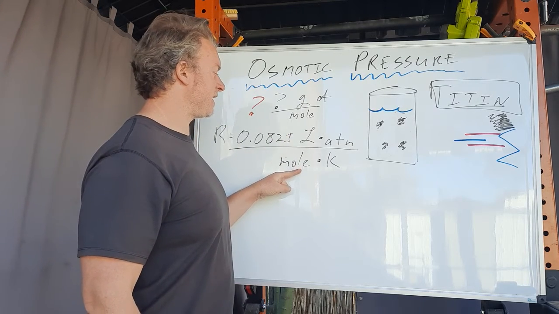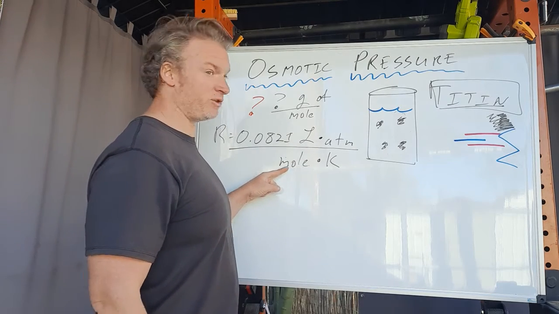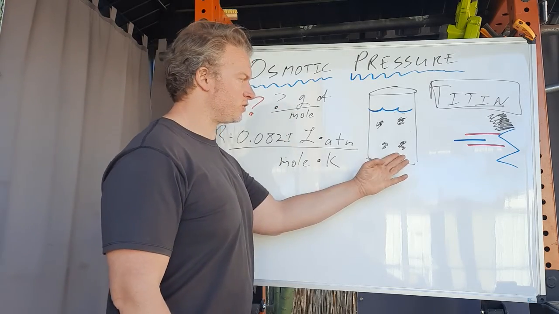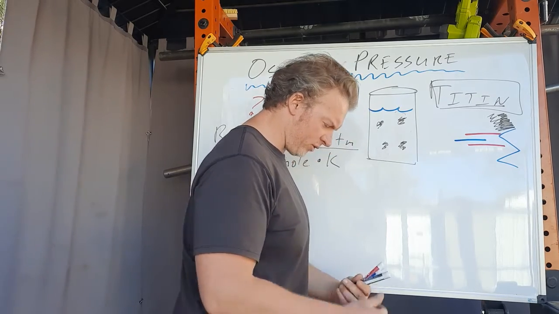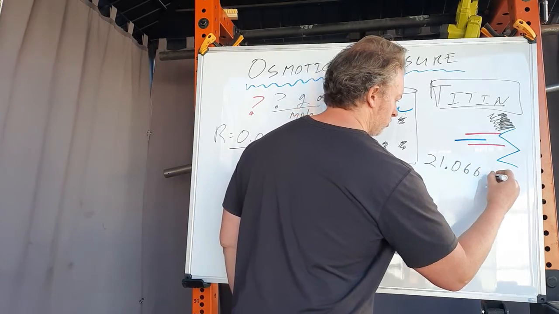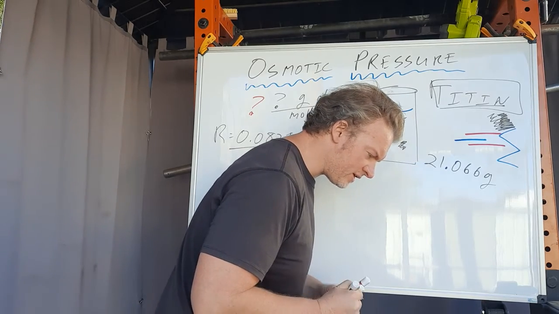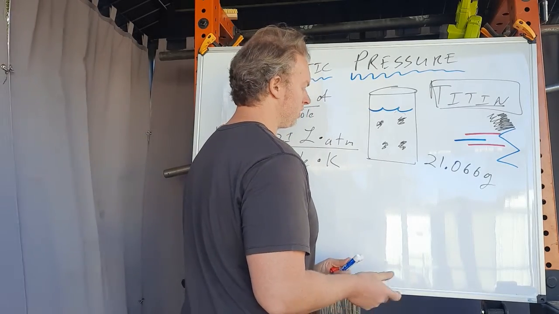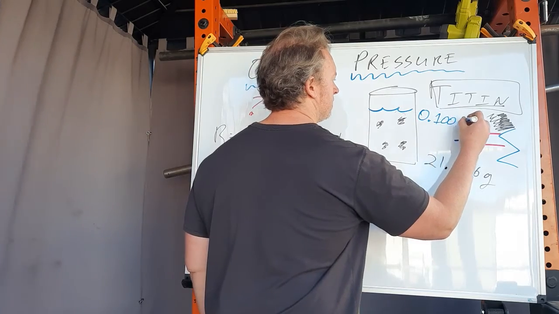So when I'm setting up my scaffold, I'm absolutely going to have moles in the denominator and grams up top. So this solution that was made, and this would be told to you in the question, what is it, 21.066 grams of titin was used to make this solution, and this total volume is 100 milliliters, or 0.1 liters.